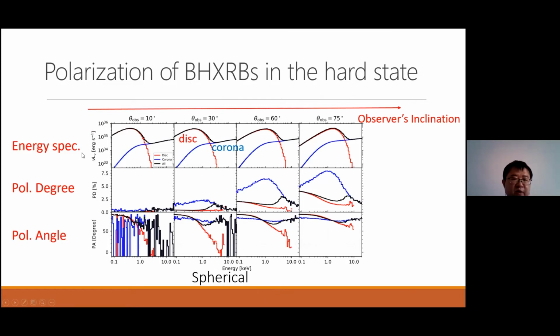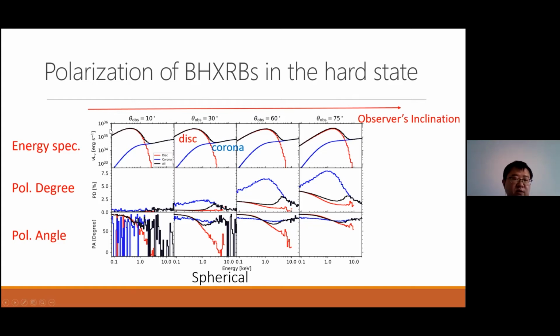From top to bottom: the energy spectrum, the polarization degree in percentage, and the polarization angle in degrees. And from left to right is the increasing observer's inclination. So it's basically face on on the left and nearly edge on in the rightmost panels.